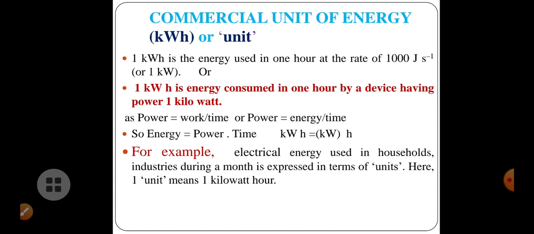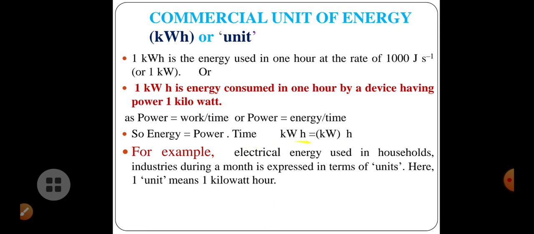Work or energy, both things can be used in the formula of power, because we discussed in earlier lectures that work is converted in the form of energy, and an object having energy can do equal amount of work. So we can replace these words now. So energy is equal to power multiply time. The bigger unit of power is kilowatt and the bigger unit of time is hour.